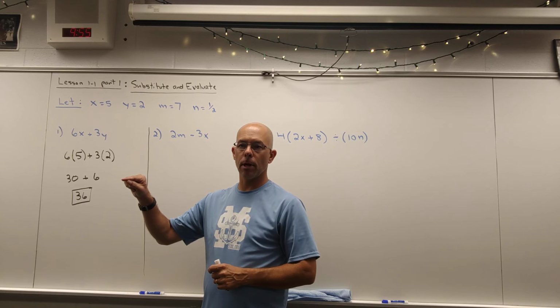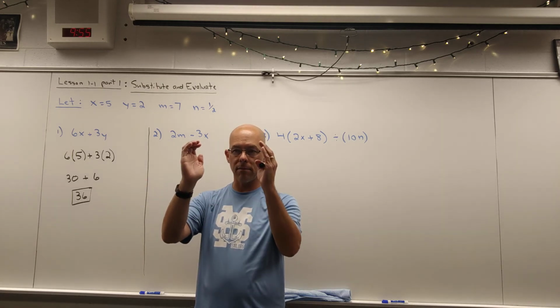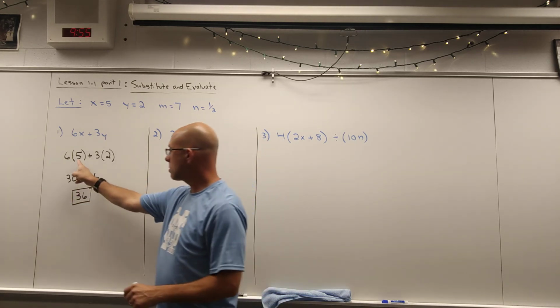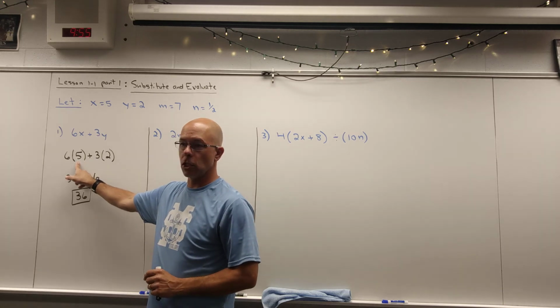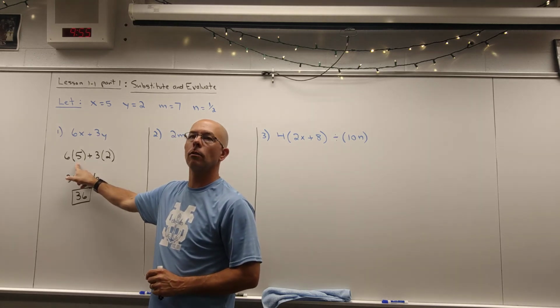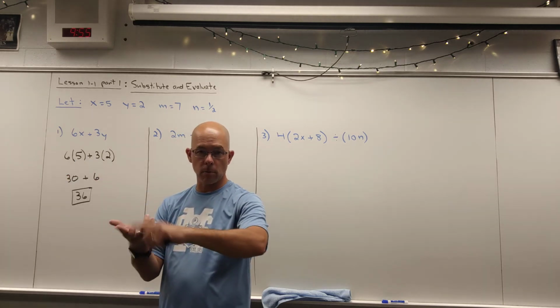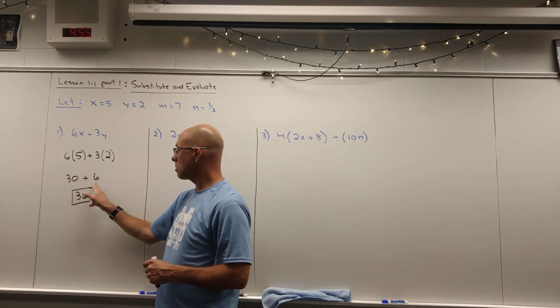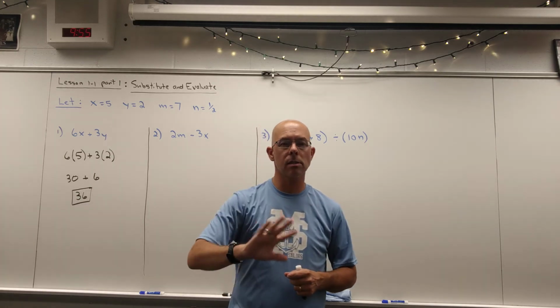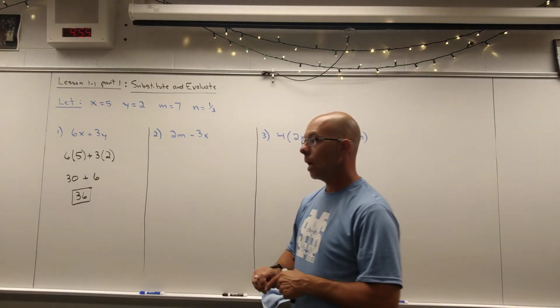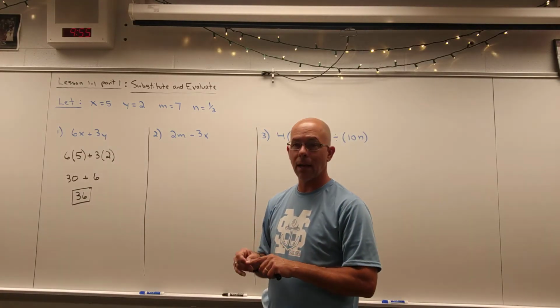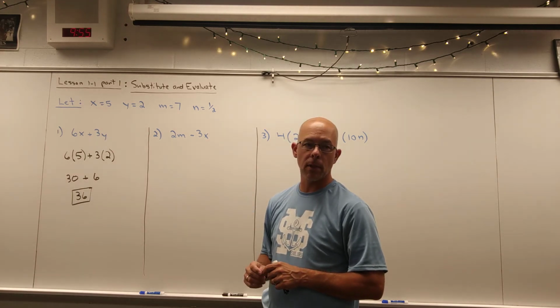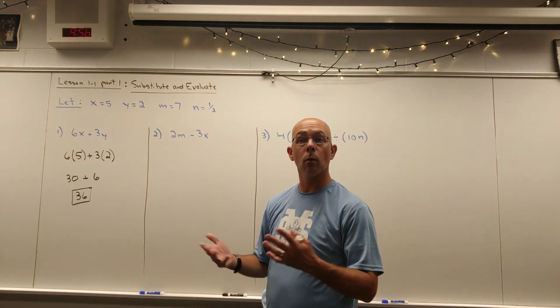Parentheses in the order of operations means if there's something inside of them to do, do it. There's nothing inside of these parentheses to do. There's a single number sitting there. There's no operation like addition, subtraction, multiply to do. So 6 times 5, 30, 3 times 2, 6, 36. It's one of those things that's got to be what you're comfortable with. And you have to realize that I'm not going to do both in every example I do, so you're just going to have to kind of roll with it.